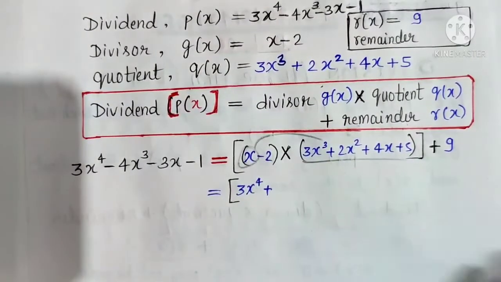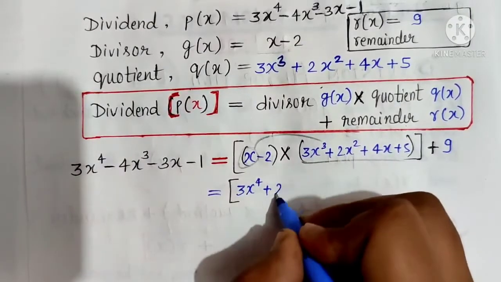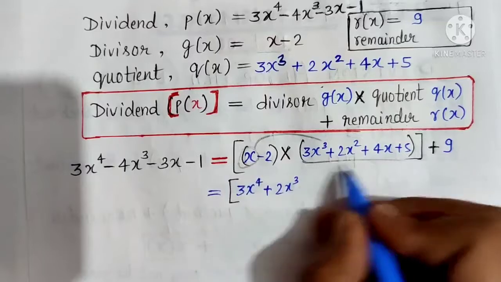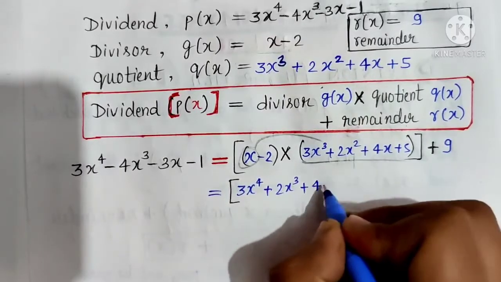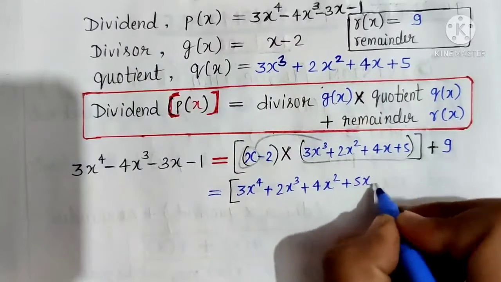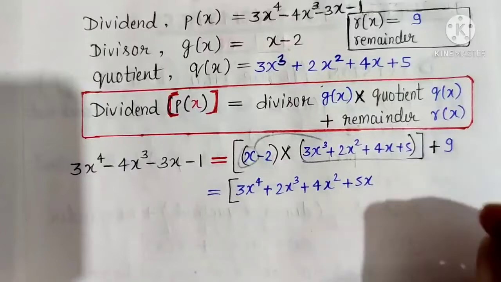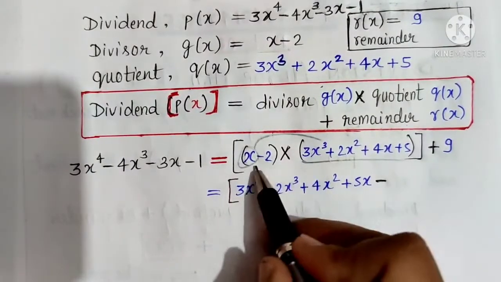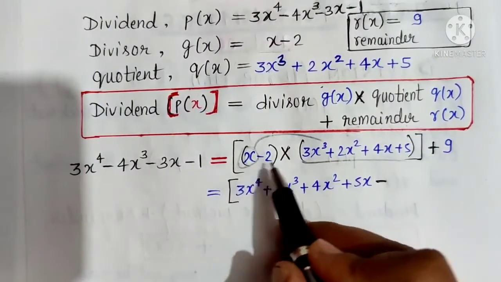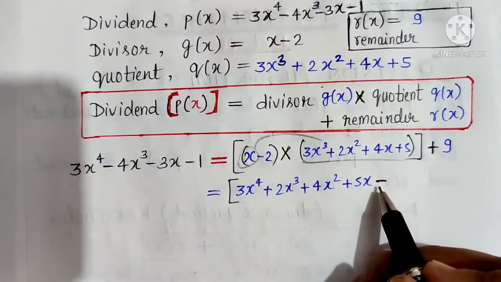So x into 2x square becomes 2x cube. Then x into 4x becomes 4x square. Then x into 5 becomes 5x. Okay. Clear? Now what sign is there? Minus sign. So I will put this minus sign here, because we have multiplied this whole term by x, but we have to multiply this whole term by minus 2 also. So I put minus upside only.